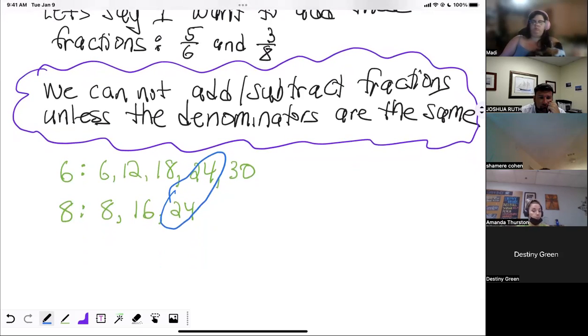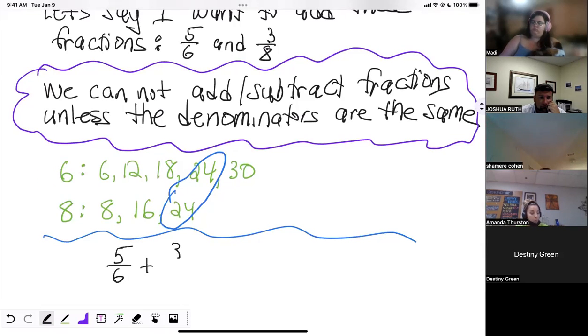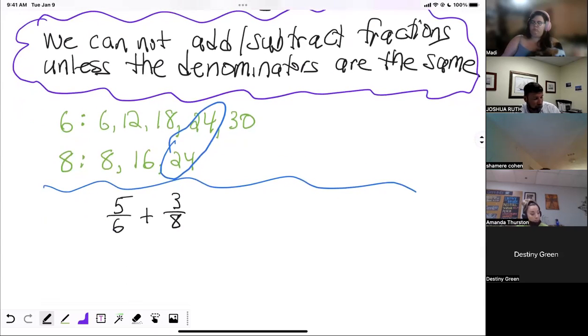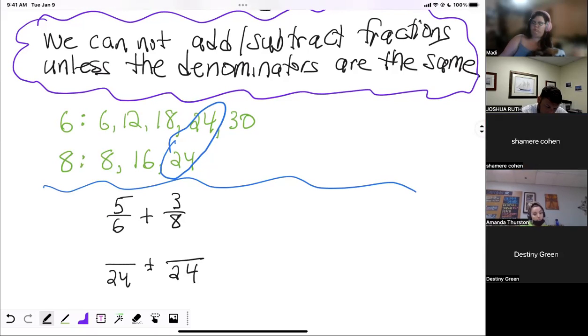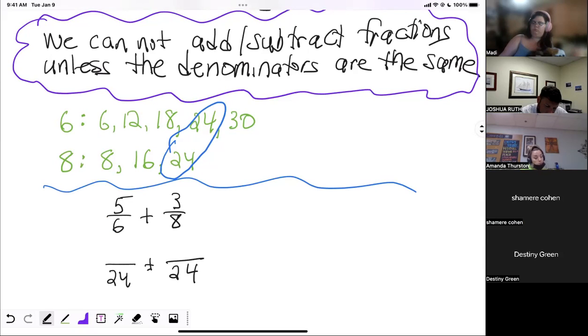So let's look at a problem. So here it is. I want to add 5/6 plus 3/8. I have to have the same denominator. So what I like to do is I know it's 24. I'm going to start rewriting it with 24 as a denominator. Well, how do you do that?